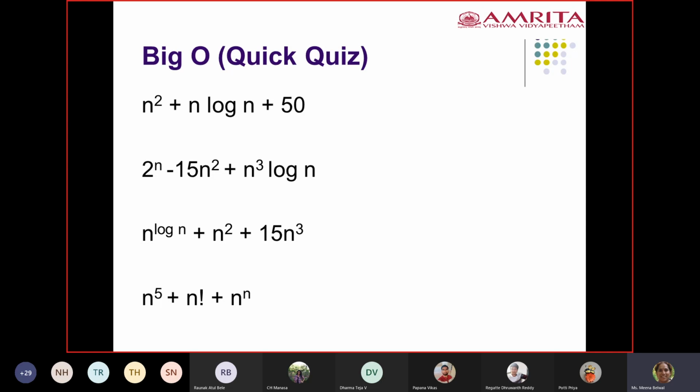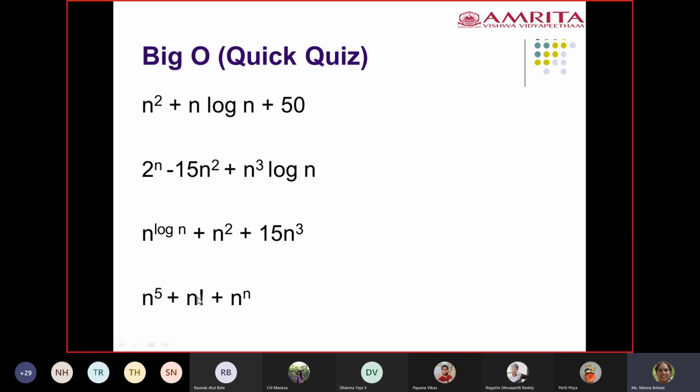Okay, fine, Dhruvant. So you also get 5 on 5. Last question, who wants to get full marks? N to the power 5 plus n factorial plus n to the power factorial of n plus n to the power of n. Vikas. Okay, Vikas. So I also feel that is correct, n to the power n.